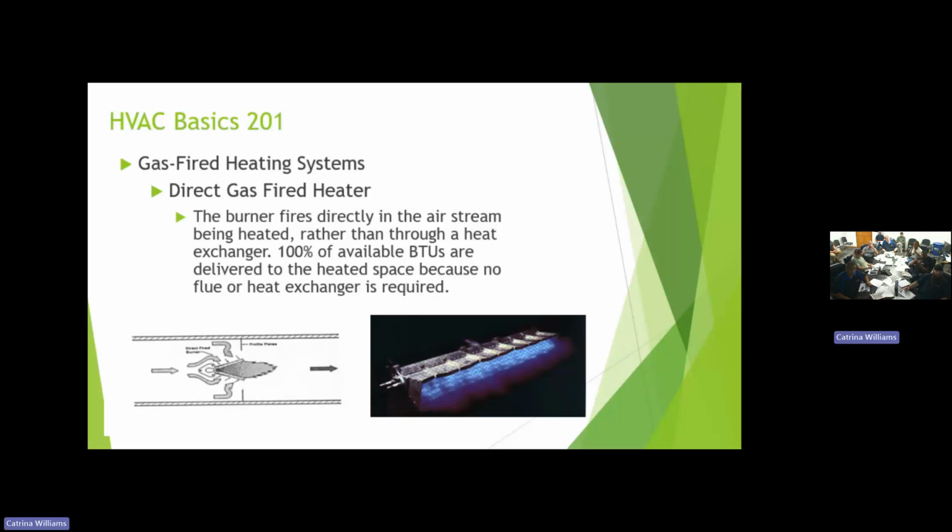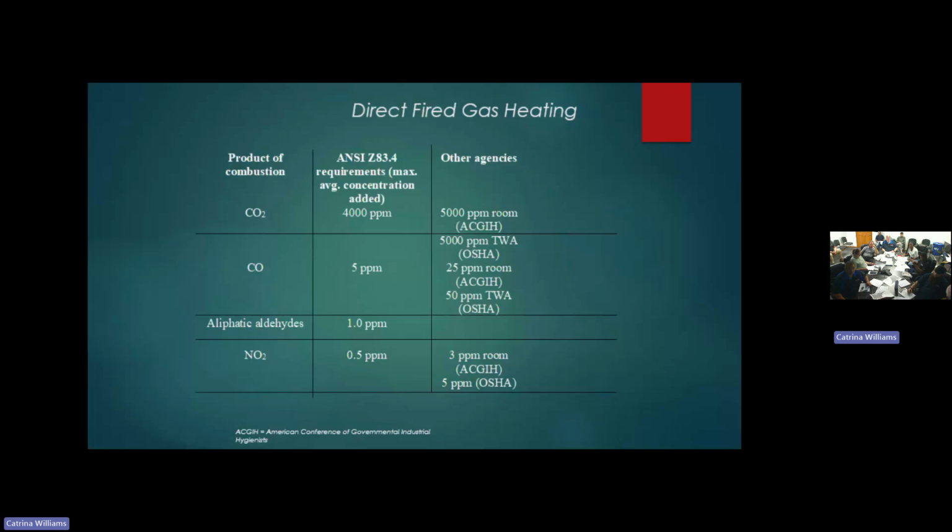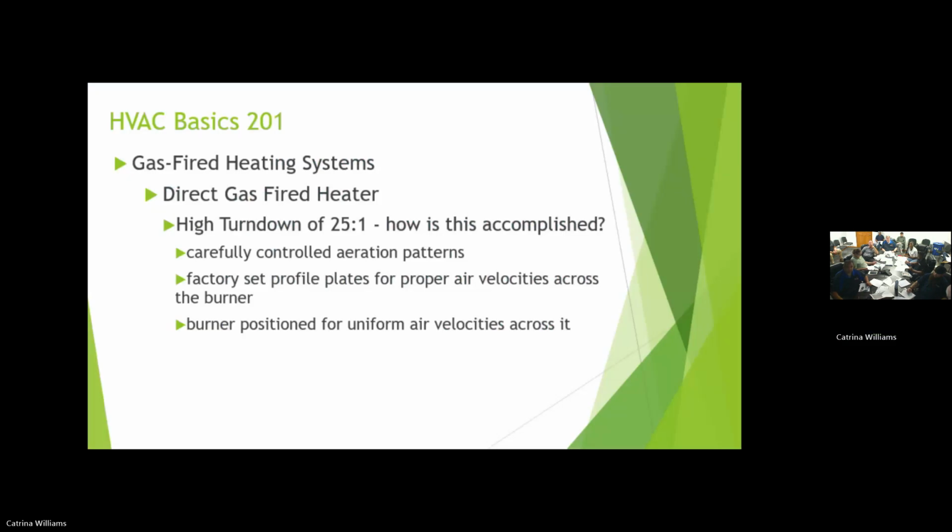If it's too tight, it'll not only increase your static pressure across there because you're driving it through, but you also have some side effects from the combustion we'll get into in just a second. Again, it's on the draw-through side, the suction side of the blower, because that's the cleanest airflow across it, whereas the discharge is so turbulent at high velocity. The suction side is very even.